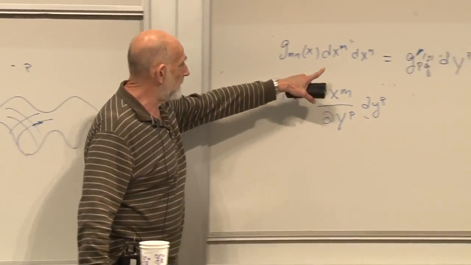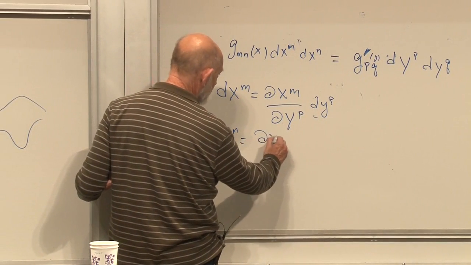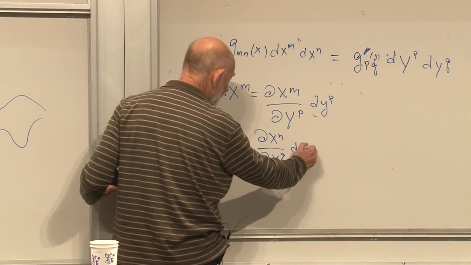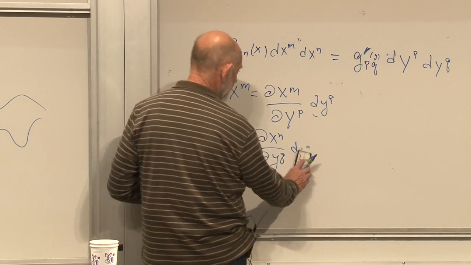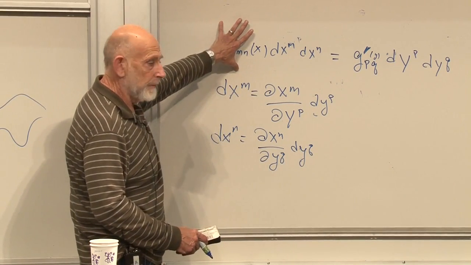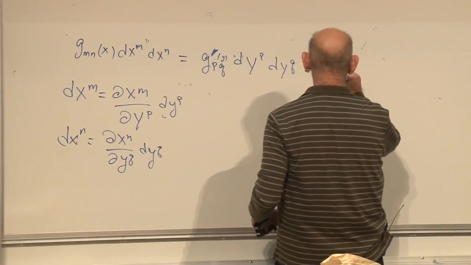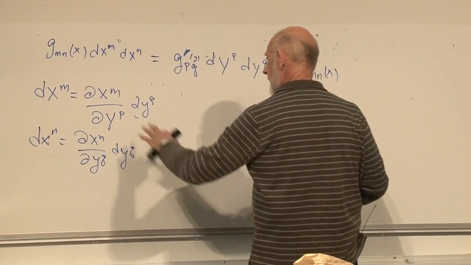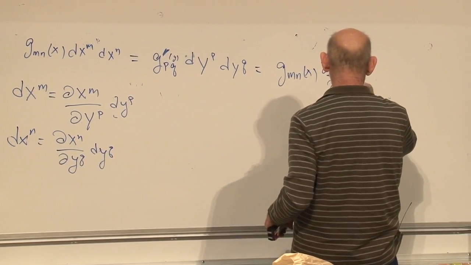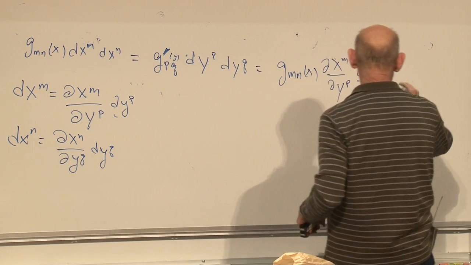And let's do the same thing for dx^n. dx^n is equal to partial of x^n with respect to y^q dy^q. And now plug these two expressions into here. Okay, so what will we get? We'll get that this is equal to g_mn(x), and now partial of x^m with respect to y^p, partial of x^n with respect to y^q, dy^p dy^q.